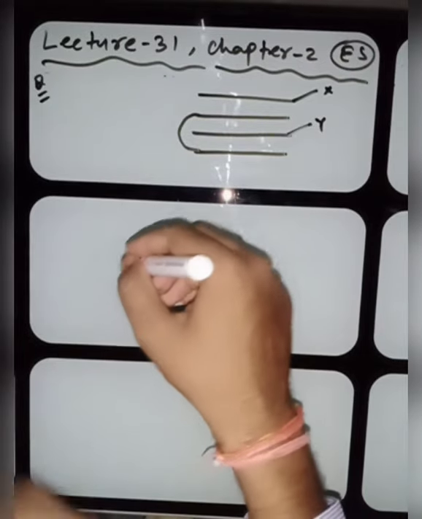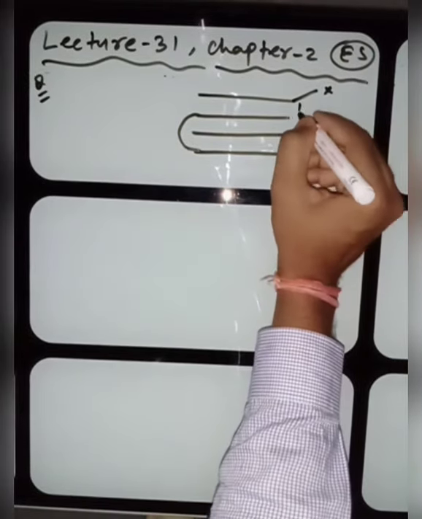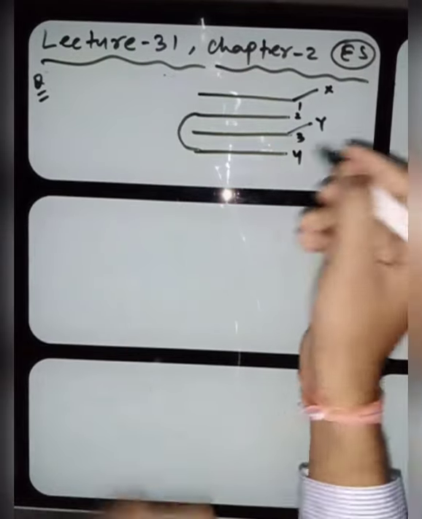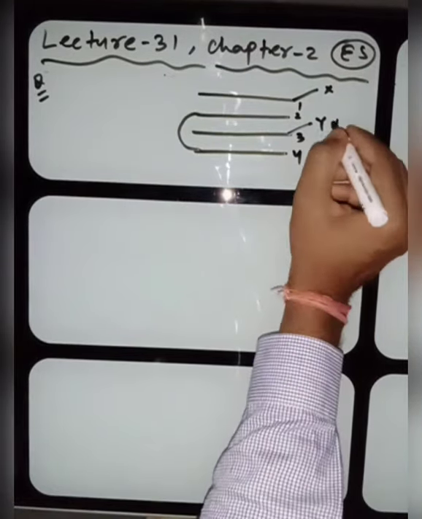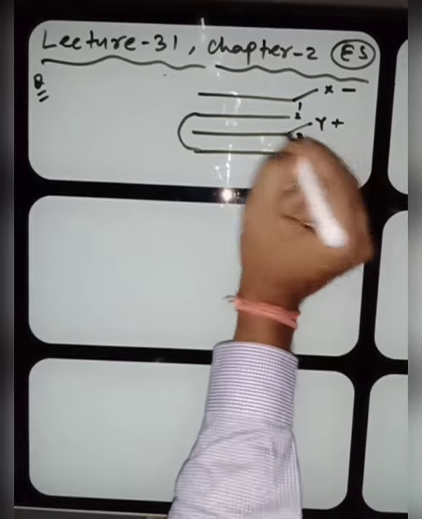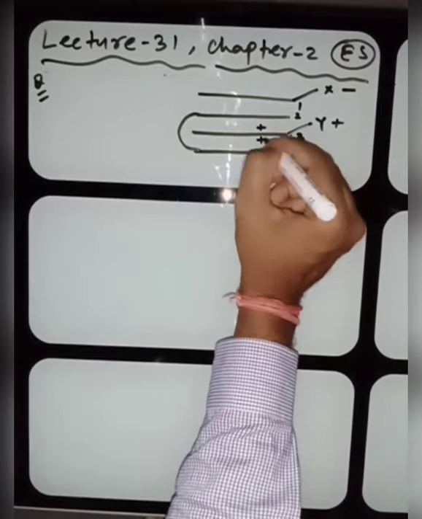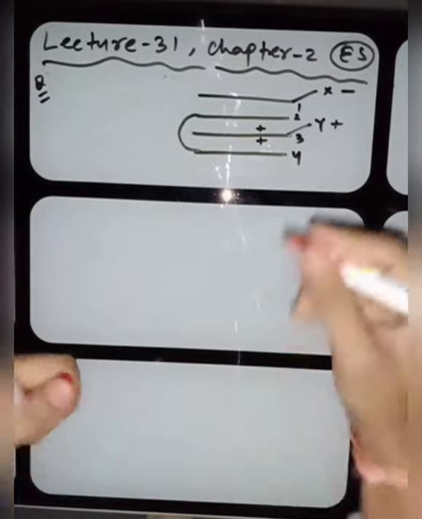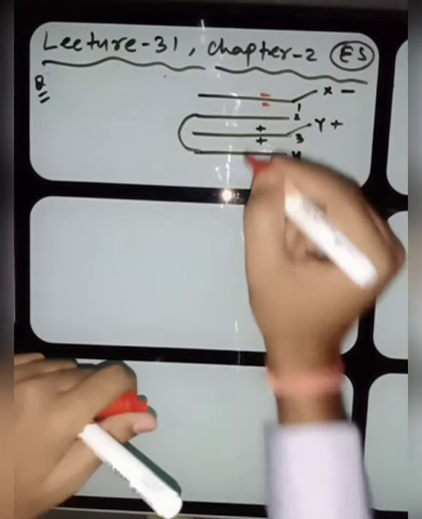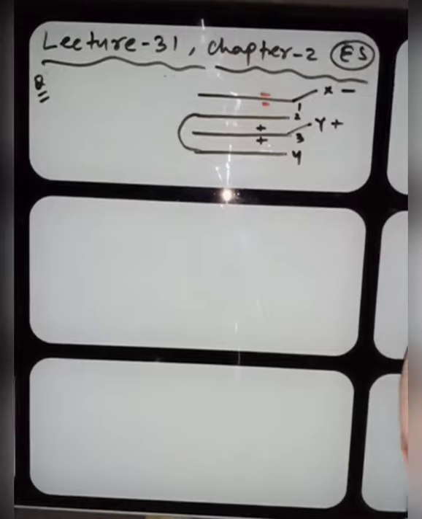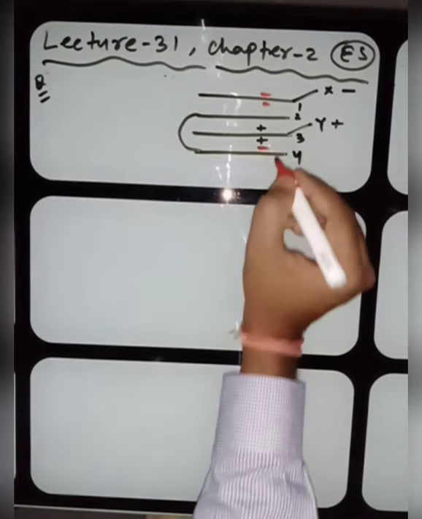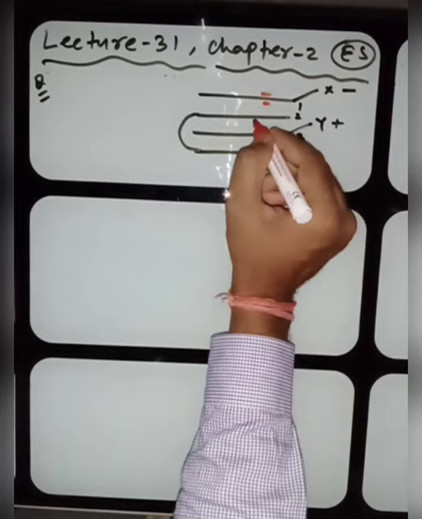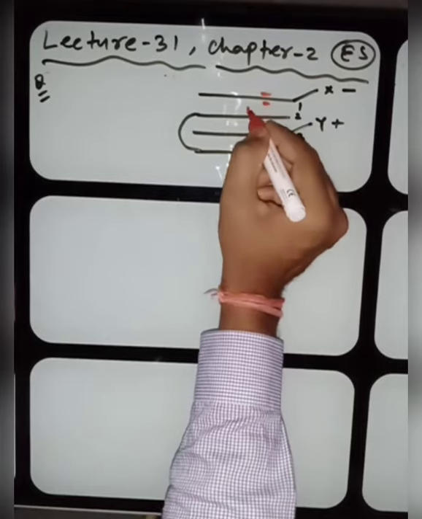Okay. Now look at here. 1, 2, 3 and 4. Now give the polarity. Suppose this is plus and this is minus. So plus, plus and minus, minus. Now due to this plus there will be minus and there will be plus. Due to this plus there will be minus and here will be plus.